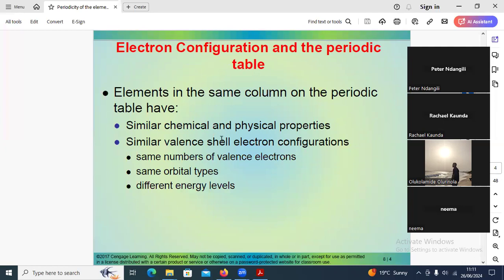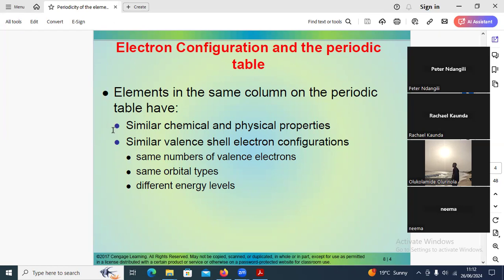I've talked to you about the electronic configuration, and we have also done some classification of the elements in the periodic table. And we have grouped them into S block elements. We have the P block elements.